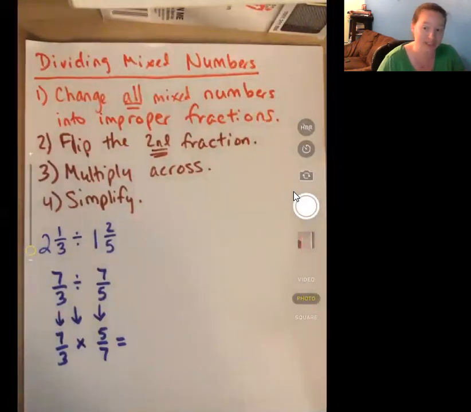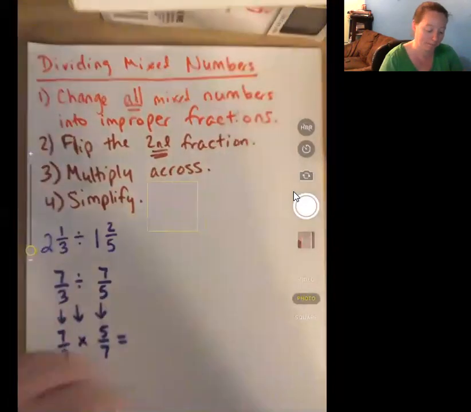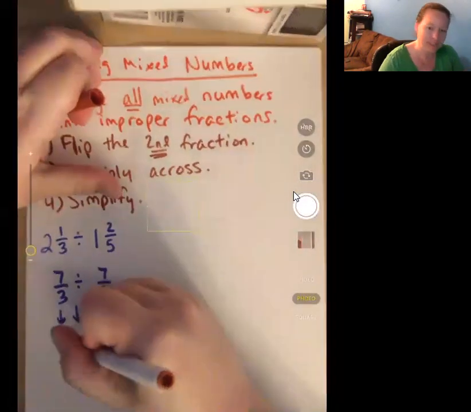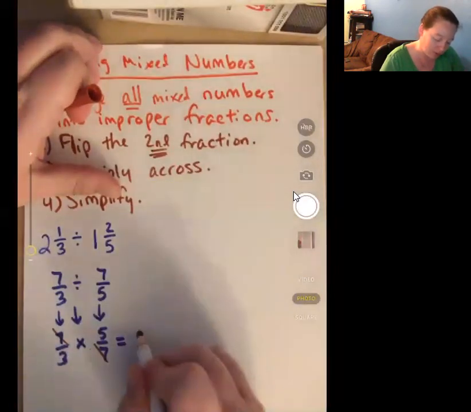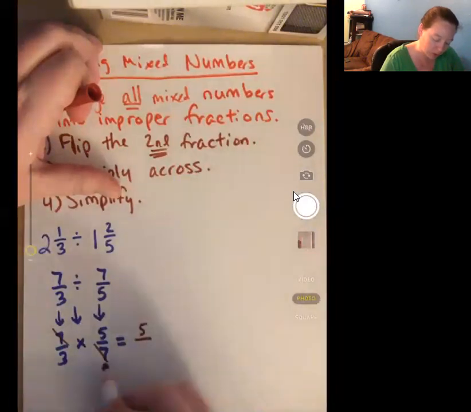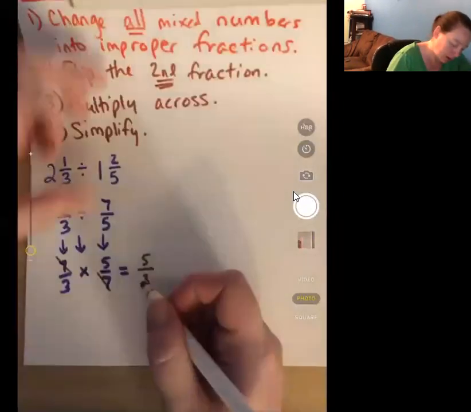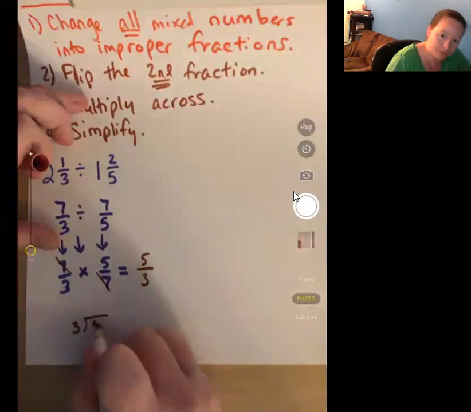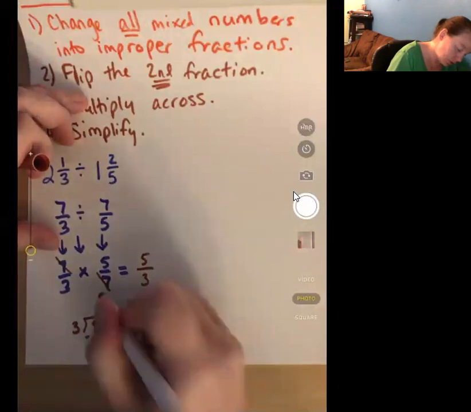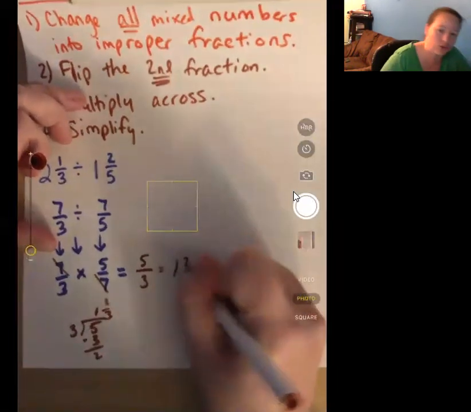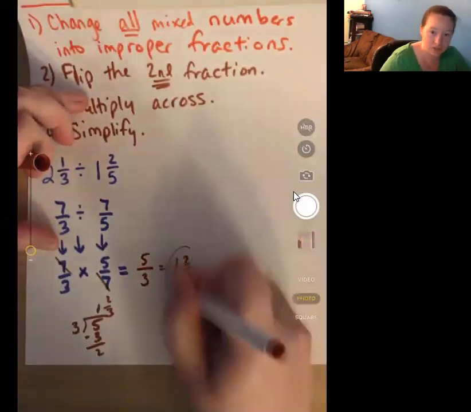Some of you are already noticing something that I could get rid of, a number that is on both the top and the bottom of this problem. That's 7. You see how it's in both places? So I end up with 1 times 5, which is 5, over 3 times 1, which is 3. So let's divide that out. 3 goes into 5 one time. 5 minus 3 is 2. 2/3. 1 2/3 ends up being our answer.